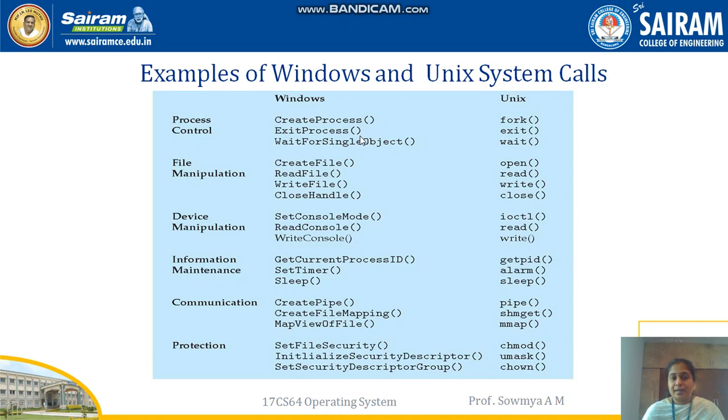To abort or end a process, Windows uses ExitProcess and Unix uses exit. If a process needs to wait for input/output transmission, Windows uses WaitForSingleObject, and Unix uses wait. For file manipulation, we have CreateFile in Windows, but in Unix open, and so on.